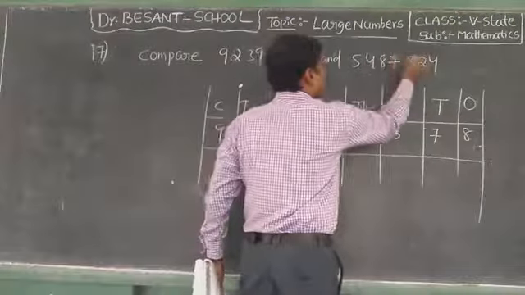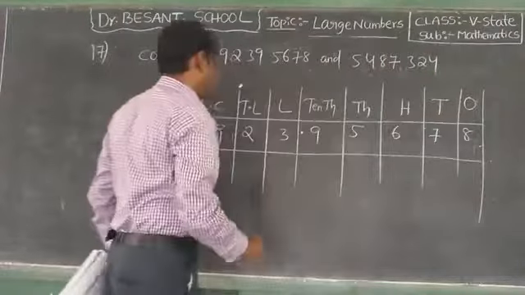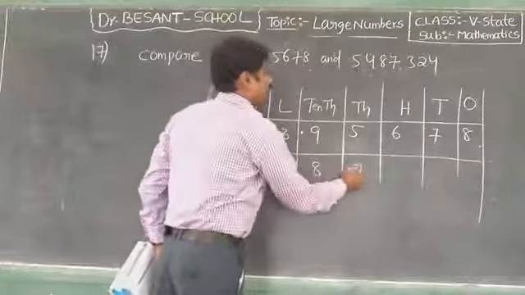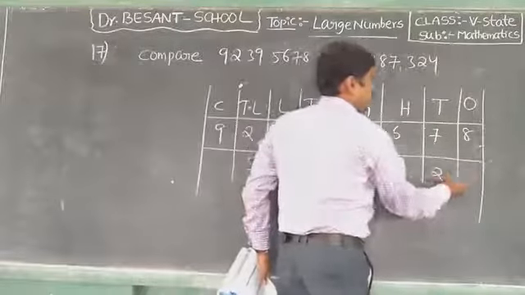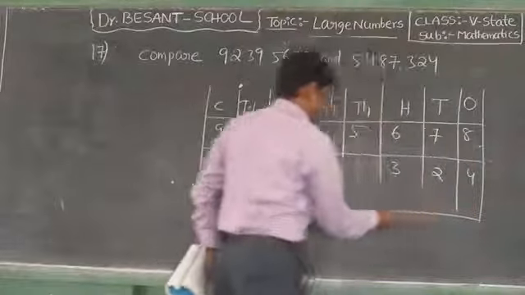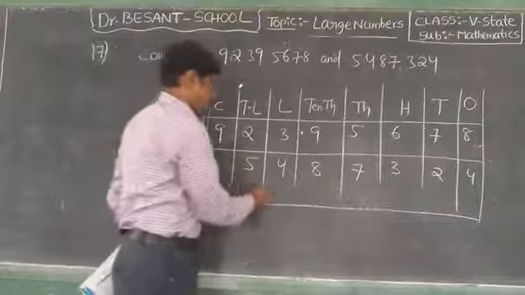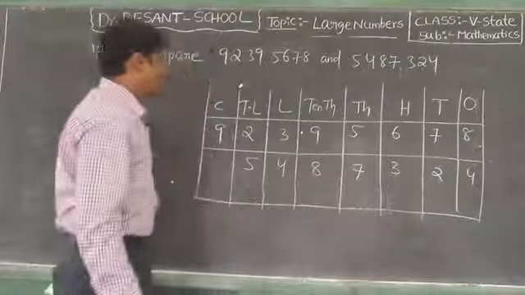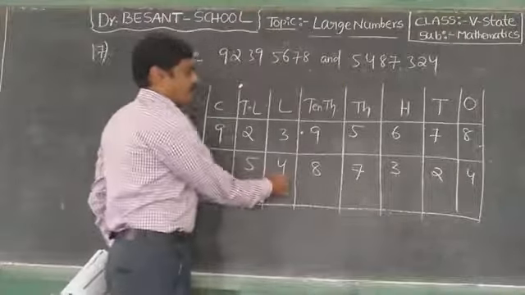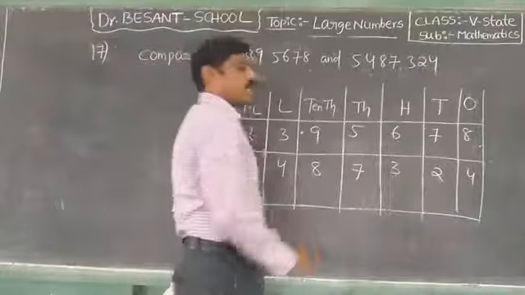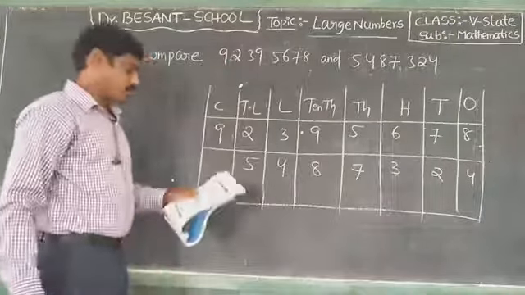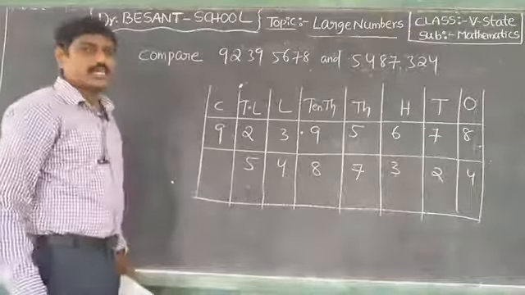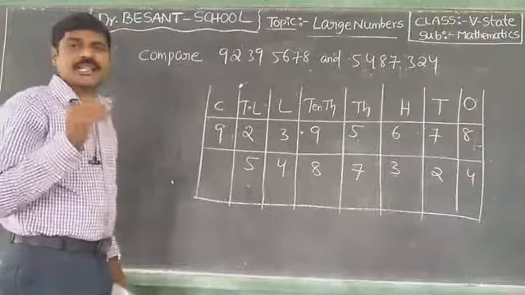Next, second one: 1 2 3 4 5 6 7 digits. So start from here, 5 4 8 7 3 2 4. Okay, so this is 54 lakh 87,324. Now which is more? The first one is more than the second one. So more means greater than symbol.